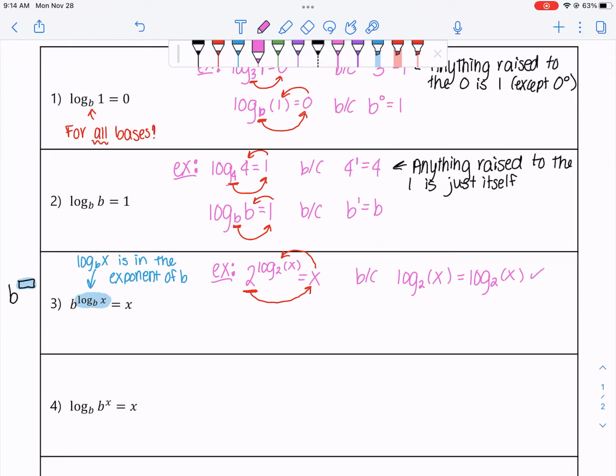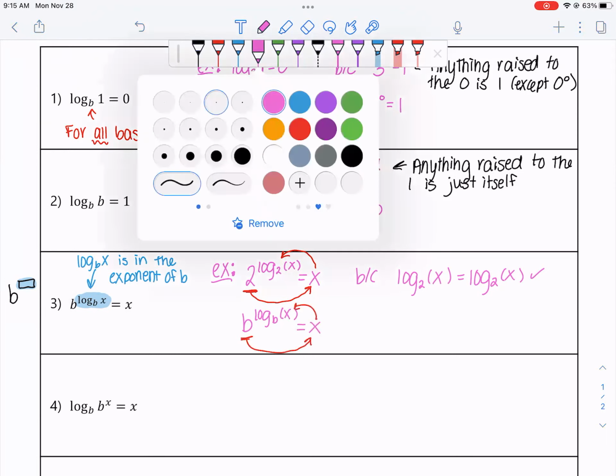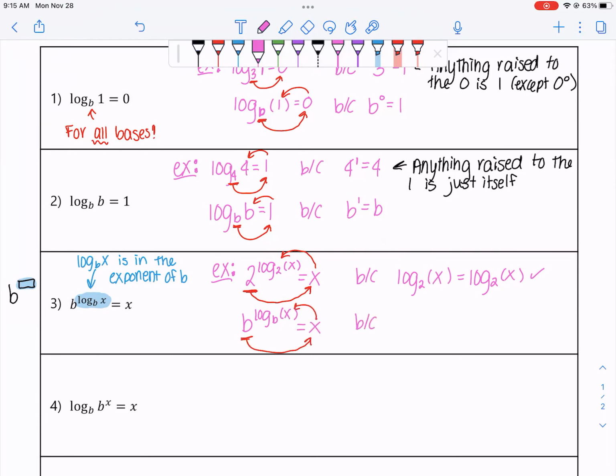That checks out, right? That's why this works for any base. It doesn't need to be 2. It could be whatever base we want. When we do our loop-de-loop, start at the base, across the equals, back again, we get that log base b of x is equal to log base b of x.